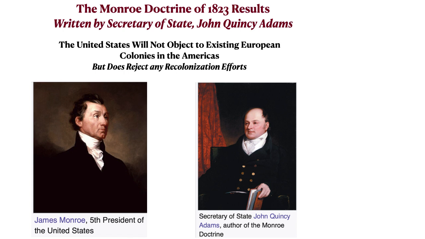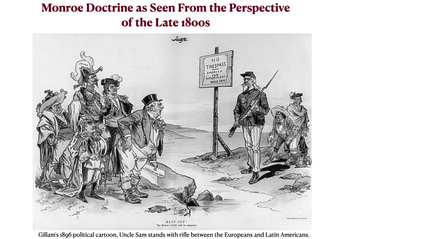So anyway, the Monroe Doctrine said, well, that's fine, but any recolonization efforts of states that had become independent republics would be resisted by the United States. And the Monroe Doctrine is going to figure prominently for decades after that. I mean, here we can see a cartoon from 1896. Uncle Sam stands with a rifle between Europeans and Latin Americans with a no trespassing sign.